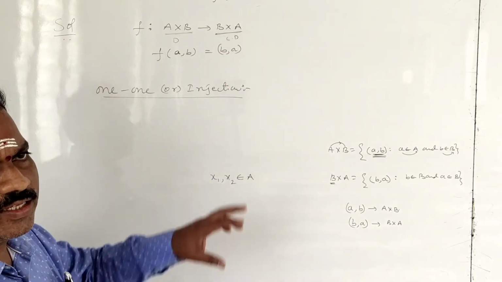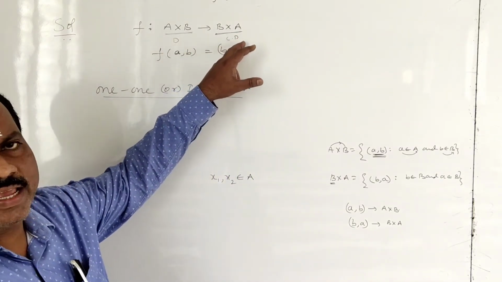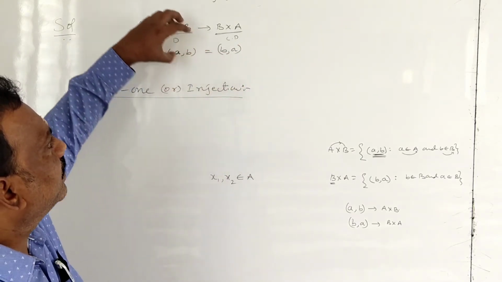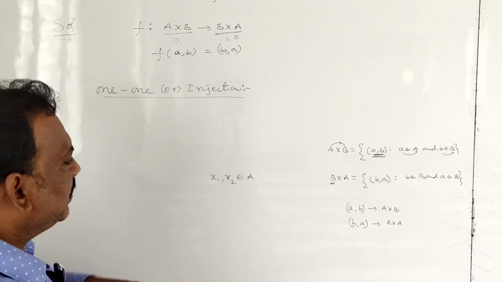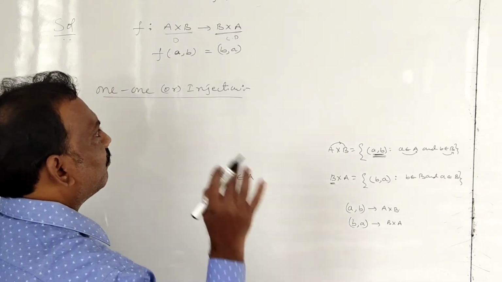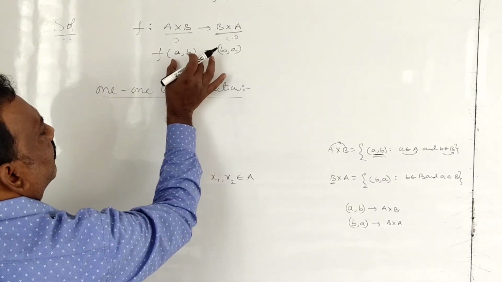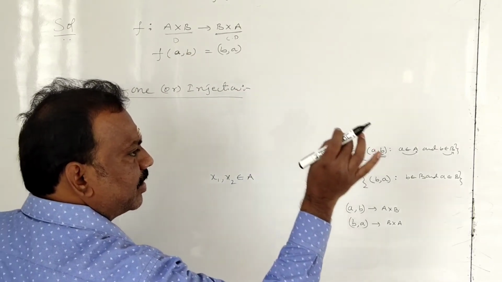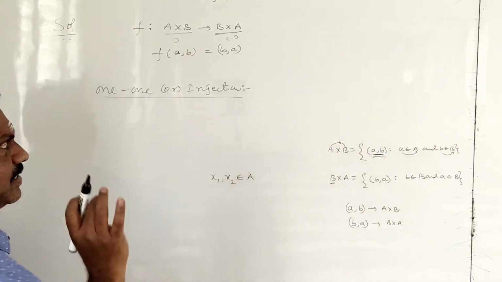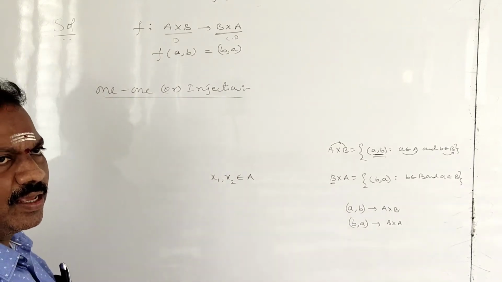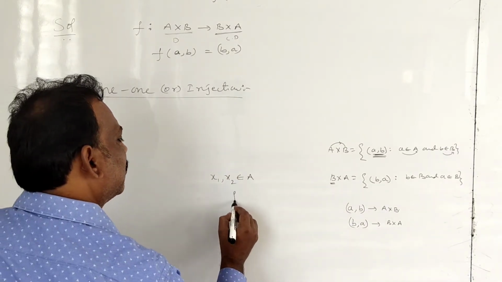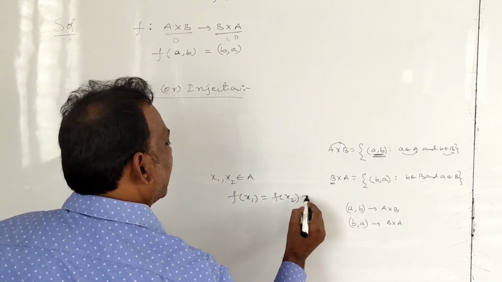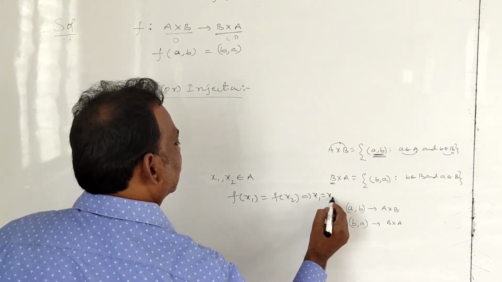So if you pick any element in A cross B, what are we picking? Ordered pairs A1, B1 and A2, B2 in the particular set. There must be f of x1 equal to f of x2, which implies x1 is equal to x2.